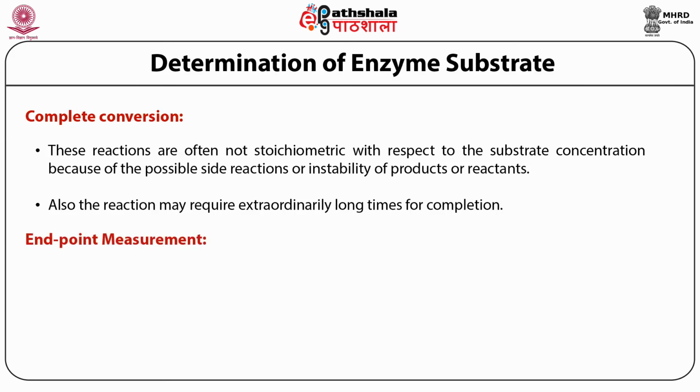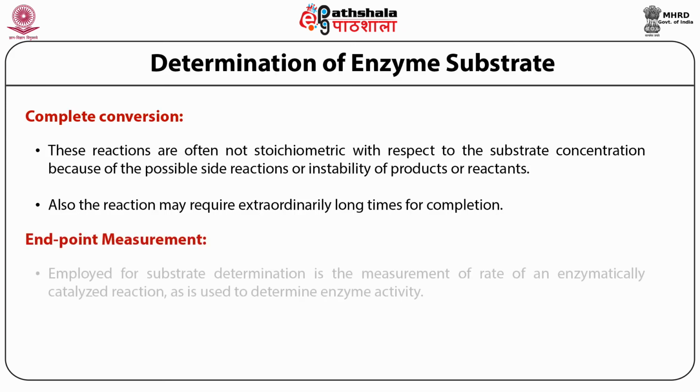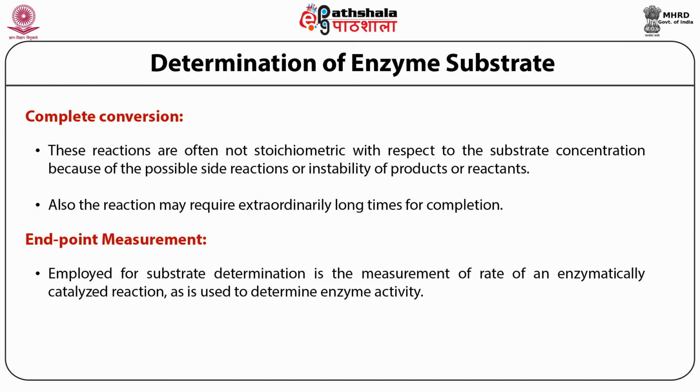The next is the endpoint measurement. The second technique employed for the substrate determination is the measurement of rate of an enzymatically catalyzed reaction, as is used to determine enzyme activity. This may take one of two forms. First, the time required for the reaction to produce a preset amount of product or to consume a preset amount of substrate may be measured.